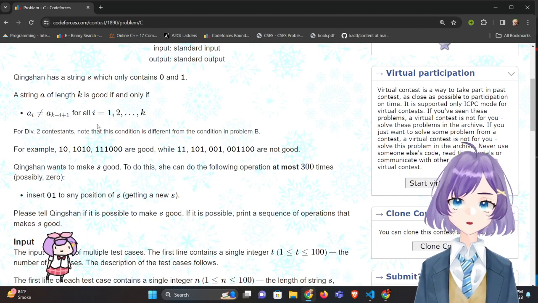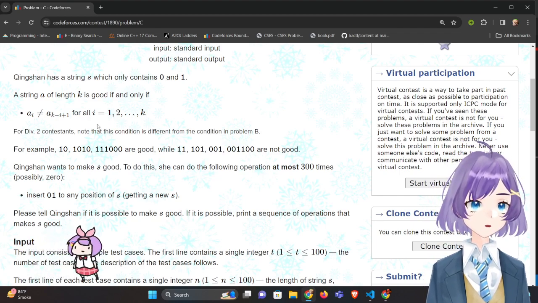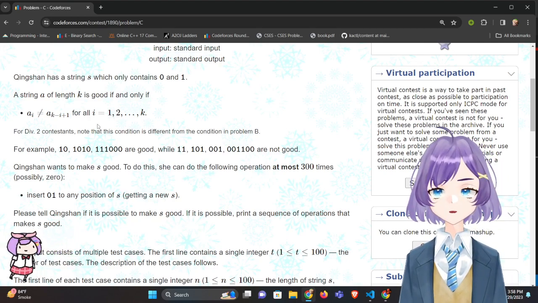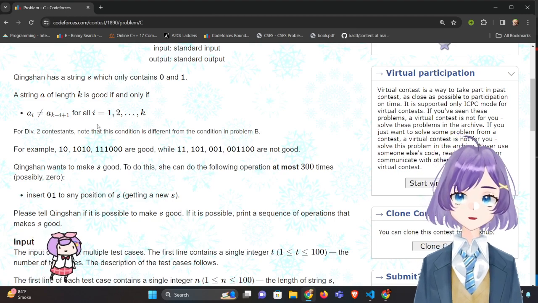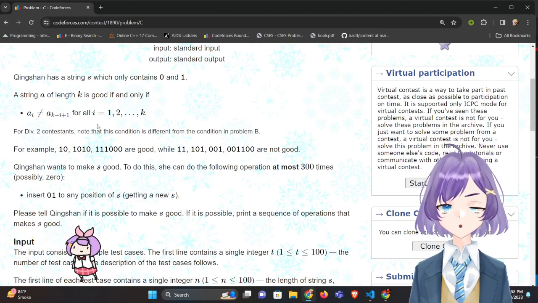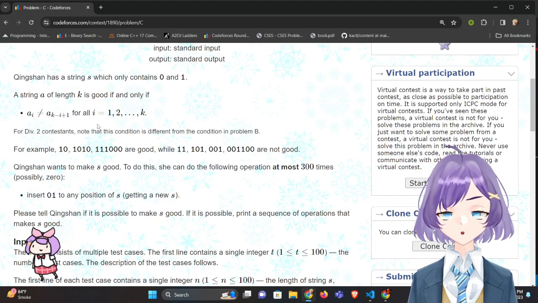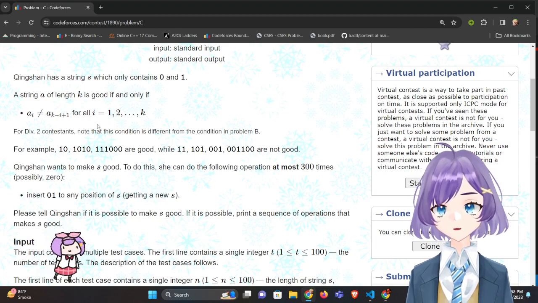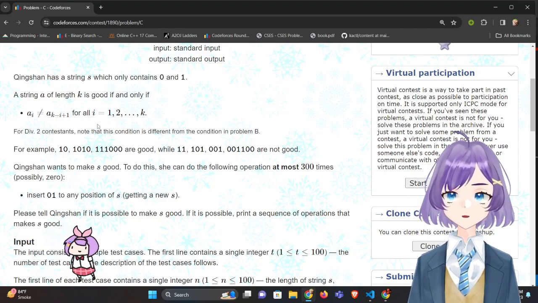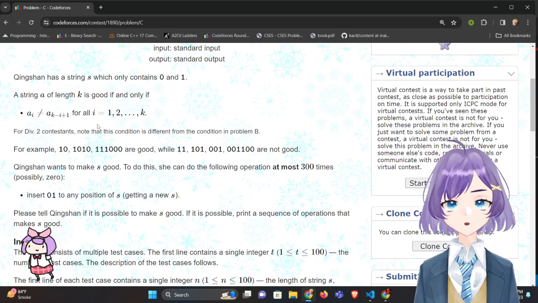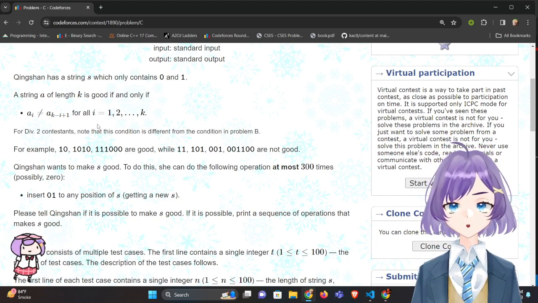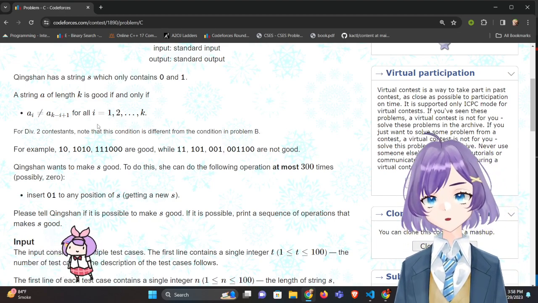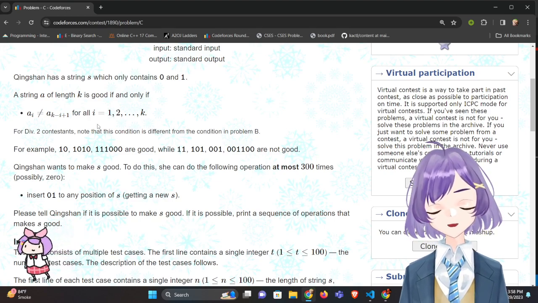A string A of length k is good if and only if A of I is not equal to A of k minus I plus 1, for all I from 1 to k. This condition is different from the condition in problem B. For example, 10, triple 1, triple 0 are good, while they are not good. One second, A of I is not equal to A of k minus I plus 1.